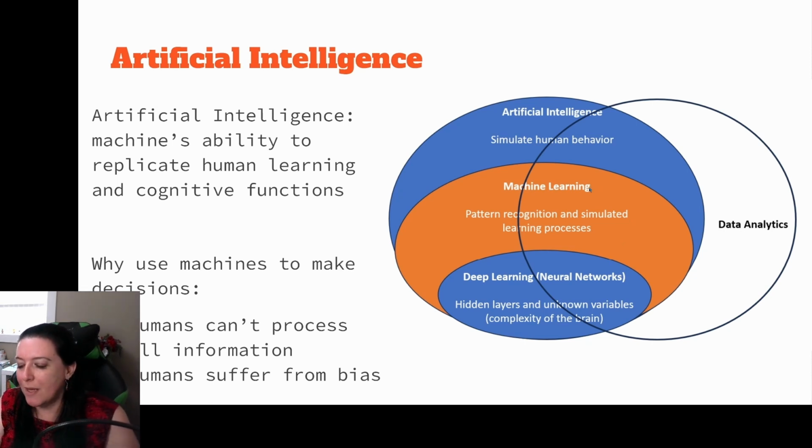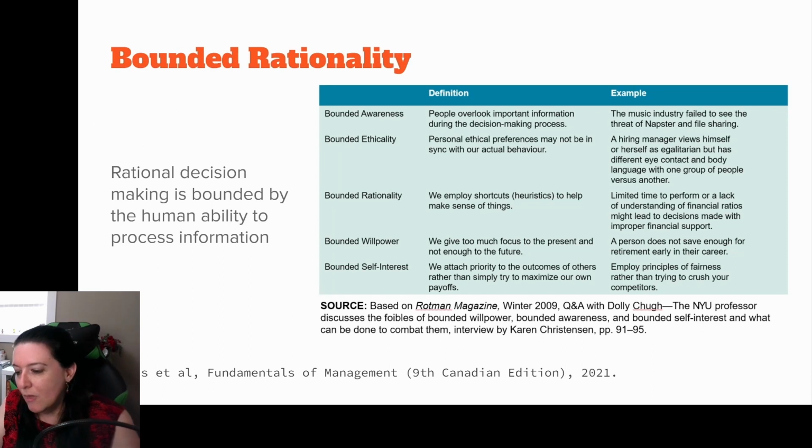And we do that because humans can't process all the information and humans suffer from bias. When we make decisions, we think of ourselves as rational decision makers. That is, we weigh the pros and cons and make the best choice that we can. But we're actually not rational decision makers because we don't have all of the information, which means our decisions are bounded rational decisions.